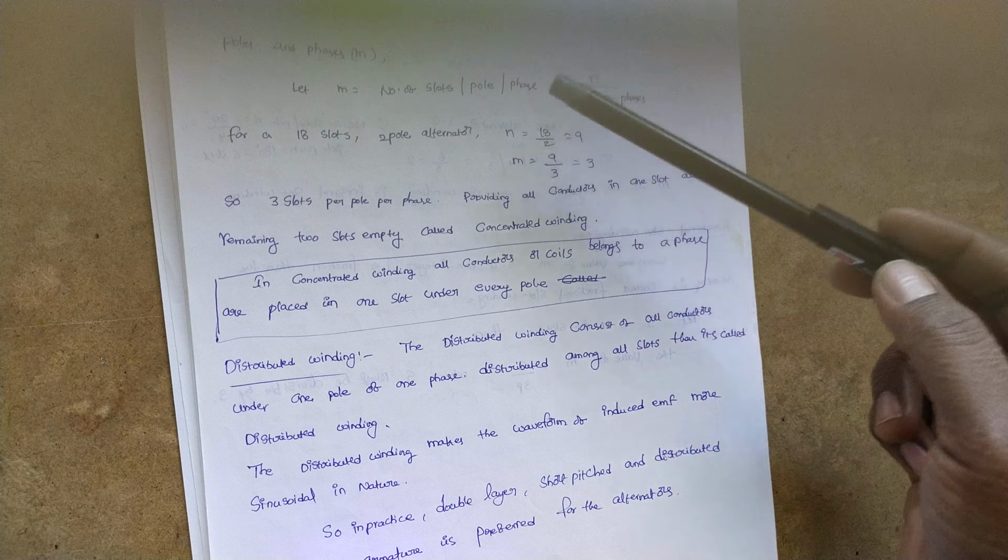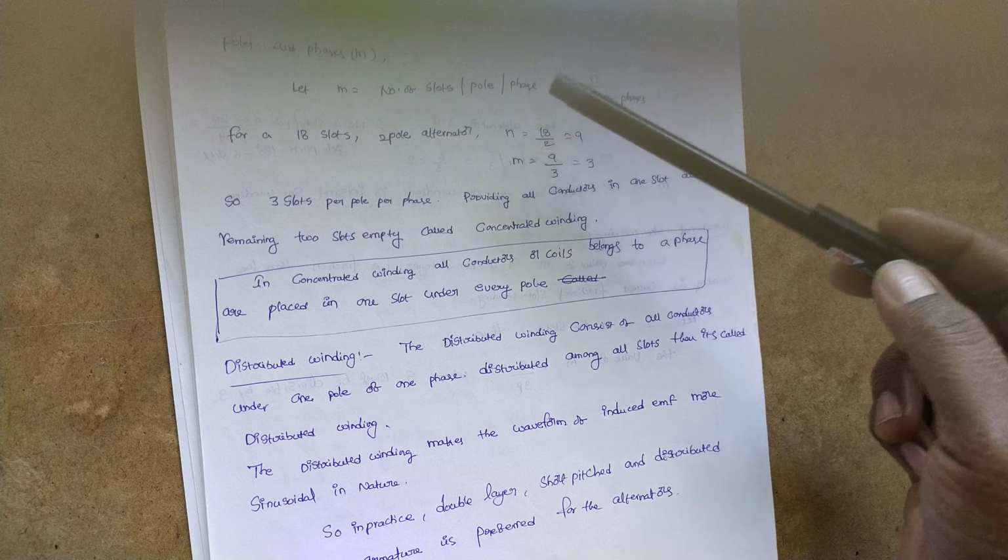It is a 2 pole alternator. Assume that it is a 2 pole, N and S, 2 poles are there. Total slots are 18 slots. P equal to 2 poles, number of slots equal to 18.